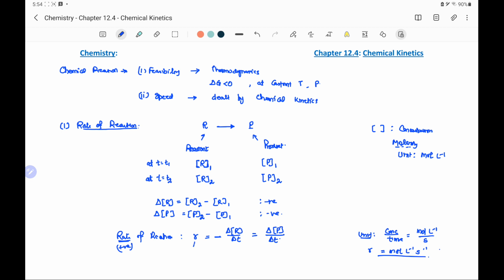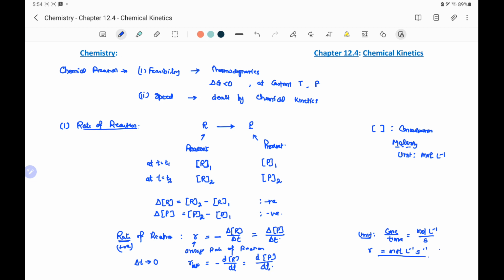Here this r refers to the average rate of reaction. If delta T is very small, approaching 0, then this rate of reaction becomes the instantaneous rate of reaction and can be written as minus dR by dt, and it will be equal to dP by dt.